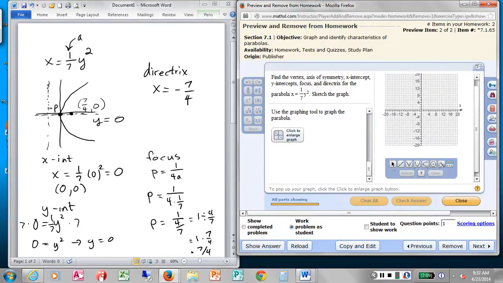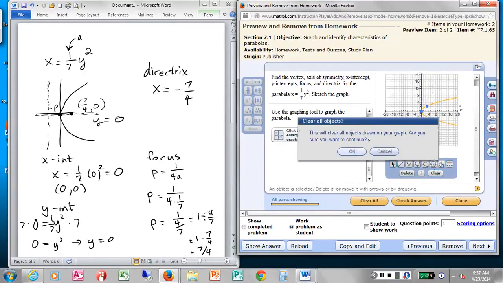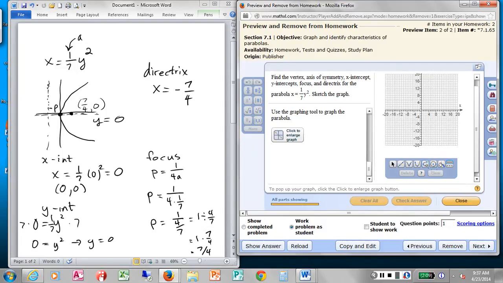All right, and so on our palette here, we've got a selection. Of course, we know it's a sideways parabola, and so that's the fifth one over here from the left. Okay, and like I said, you start with the vertex. Let me clear that off. I didn't quite get it at the right spot. All right, so we start here right at the vertex, 0, 0.